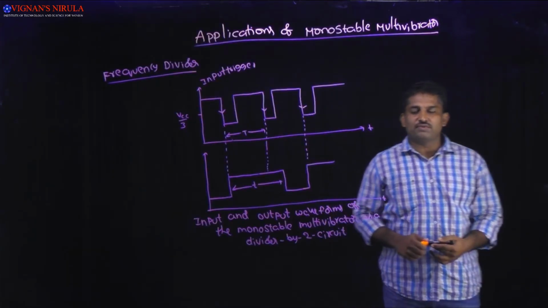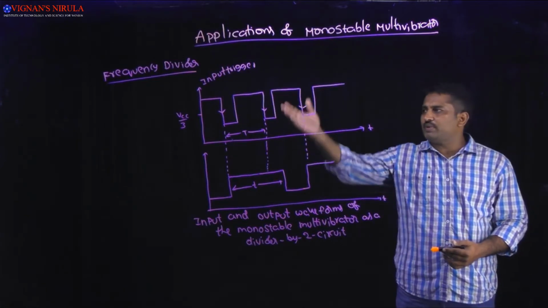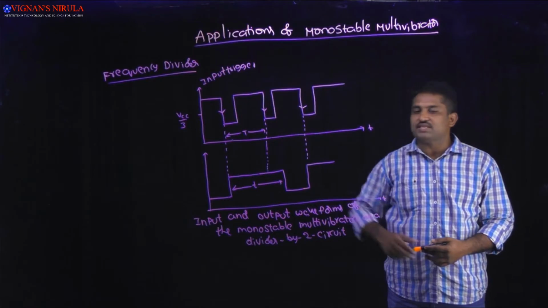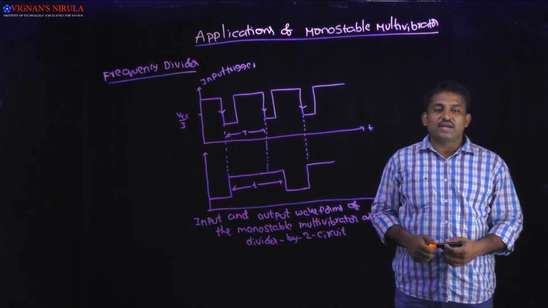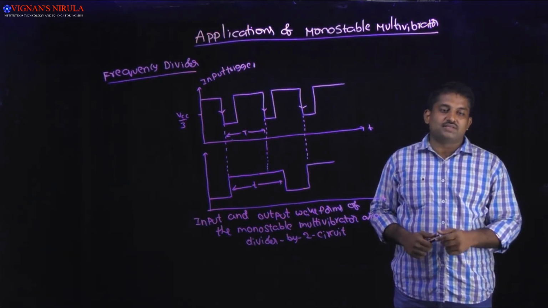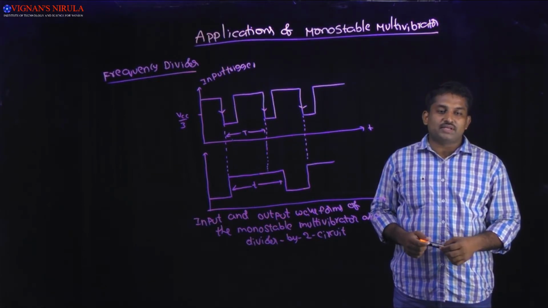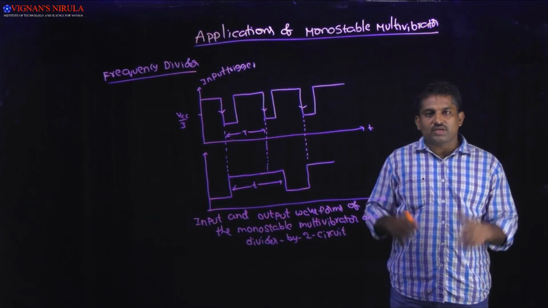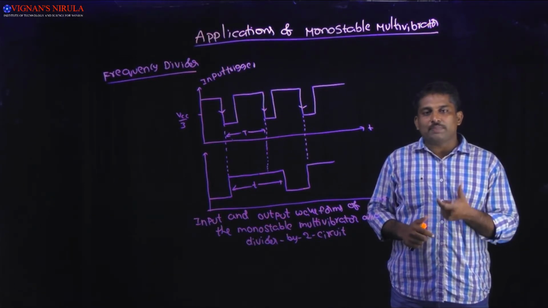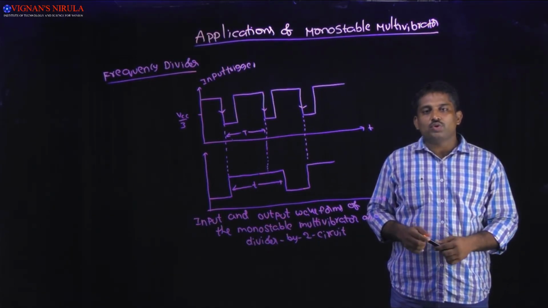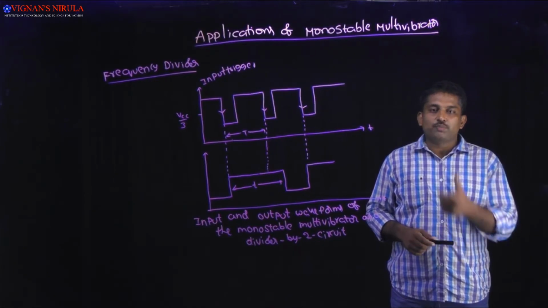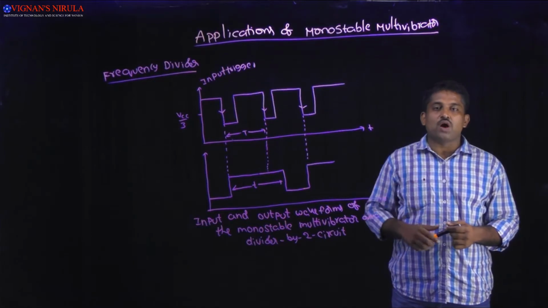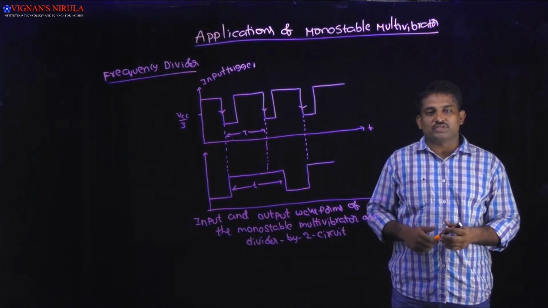Applications of multivibrator. First application: the monostable multivibrator can be used as a frequency divider. How can you express the monostable multivibrator as a frequency divider? We all know that whenever a trigger pulse is applied to the monostable multivibrator, it produces a positive pulse at the output side.